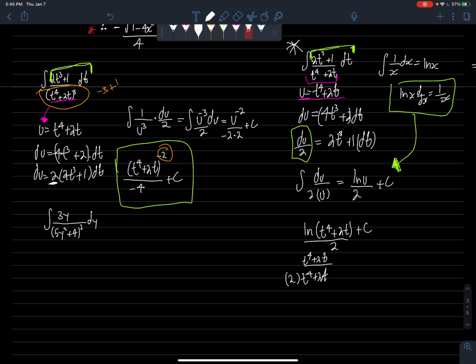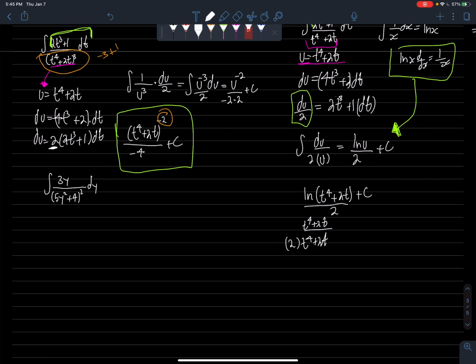Now, we know again that the derivative of ln x is just 1 over x, right? So let's go back to prove to ourselves. The derivative of this would just be 1 over t to the 4 plus 2t, and then on the top we're going to need the derivative, so 4t cubed plus 2, over 2.